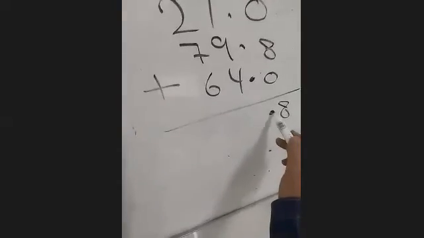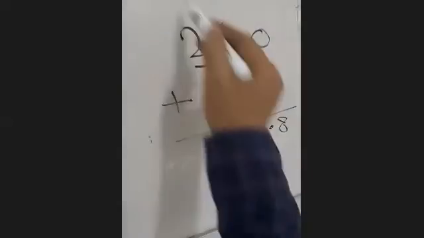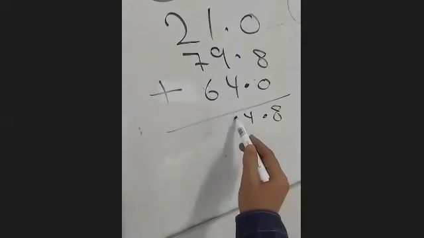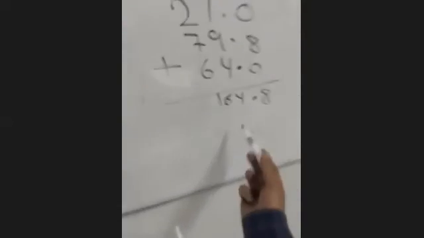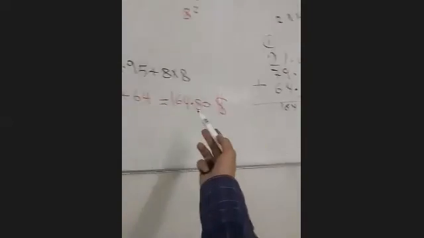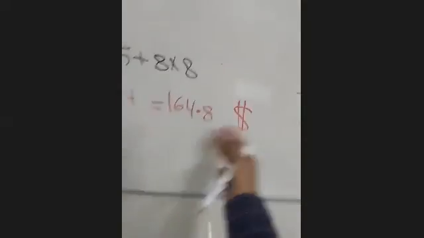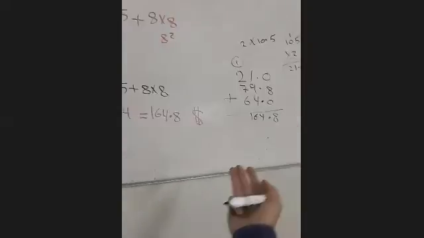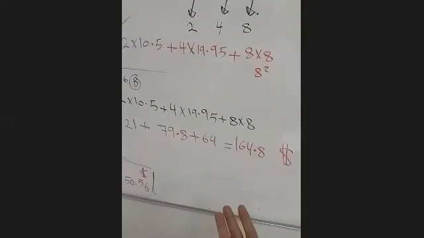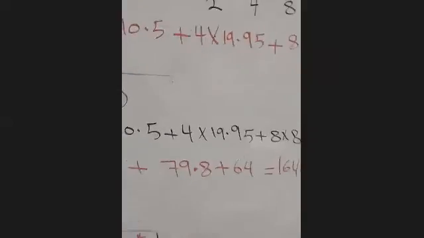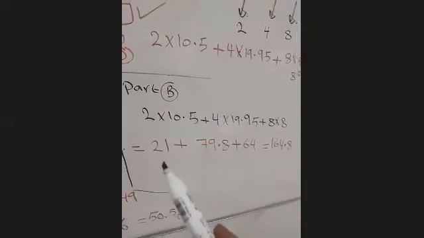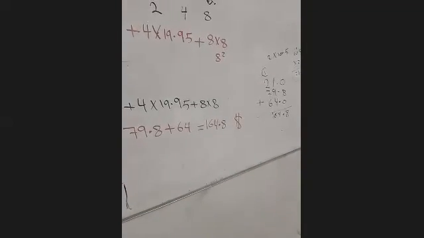The decimal comes down. Here we have 14, here 16. So the answer is 164.8. Here the answer 164.8 is the same, 8 or 80 after the decimal is the same. We did that before, guys. Do you understand it now, Hussein? Yeah. Very well.